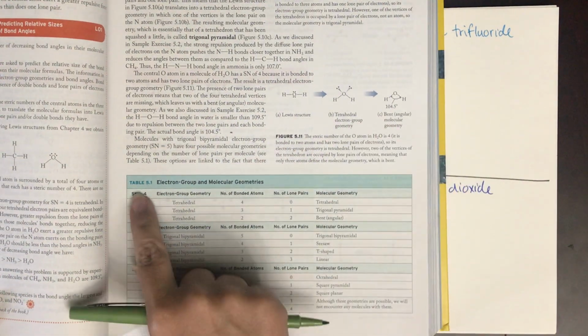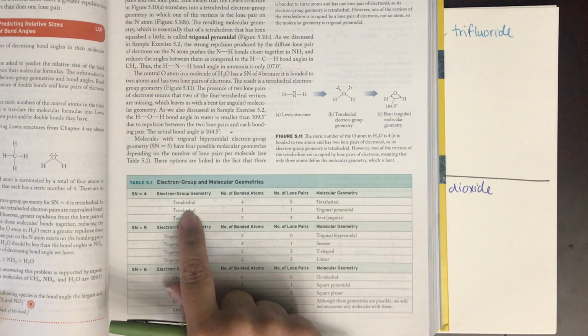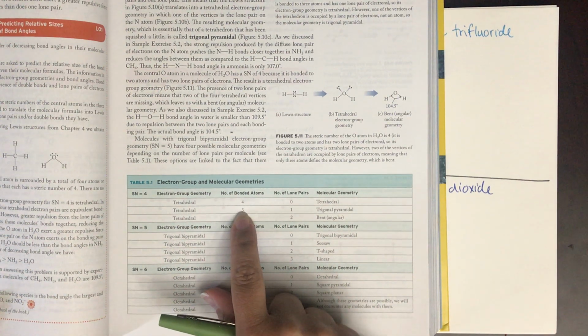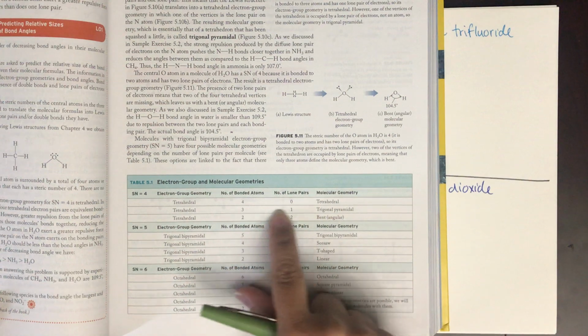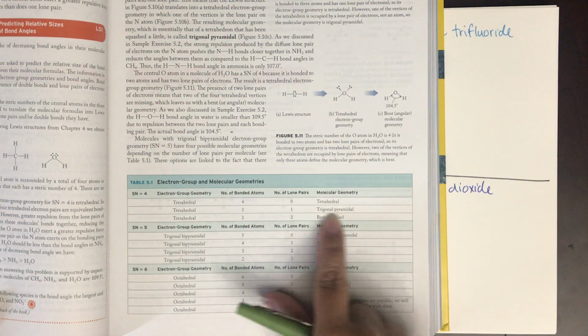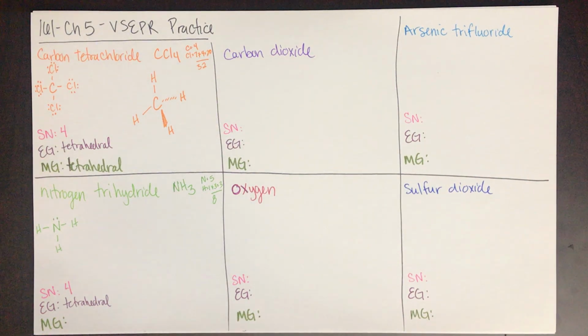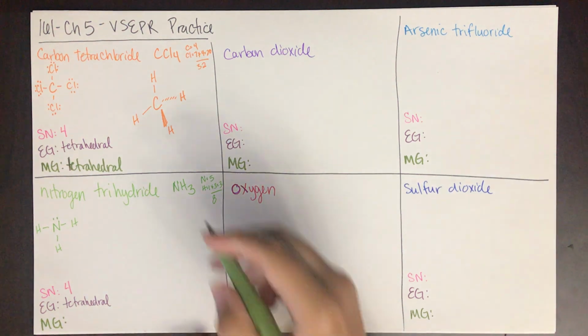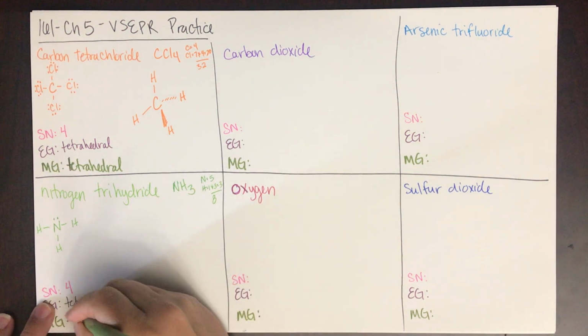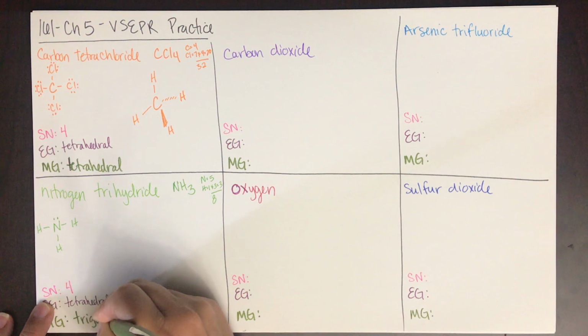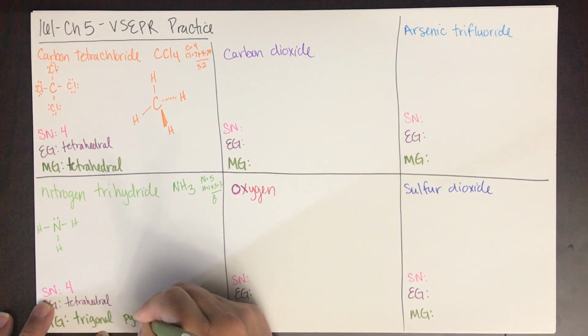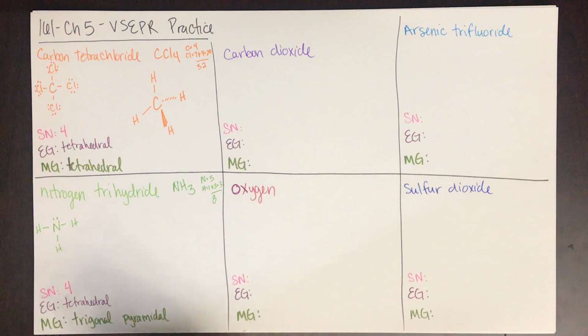So what we have here, steric number 4, its electron pair geometry is tetrahedral. It has 3 bonded atoms and it has 1 lone pair of electrons. This is called trigonal pyramidal. And the way that we draw this, I'll write that down here: trigonal pyramidal, or trigonal pyramidal, depending on how you pronounce it.